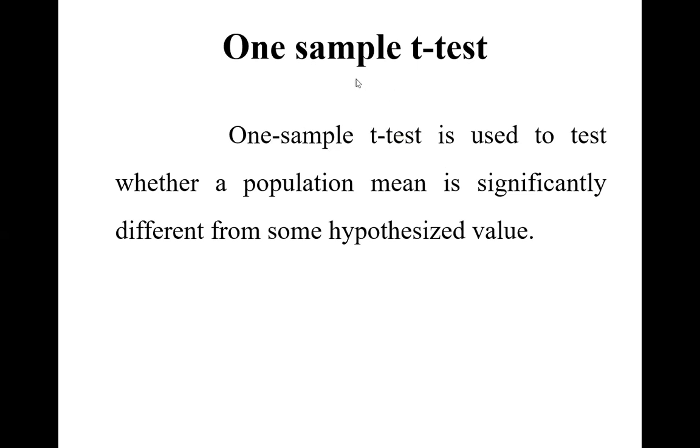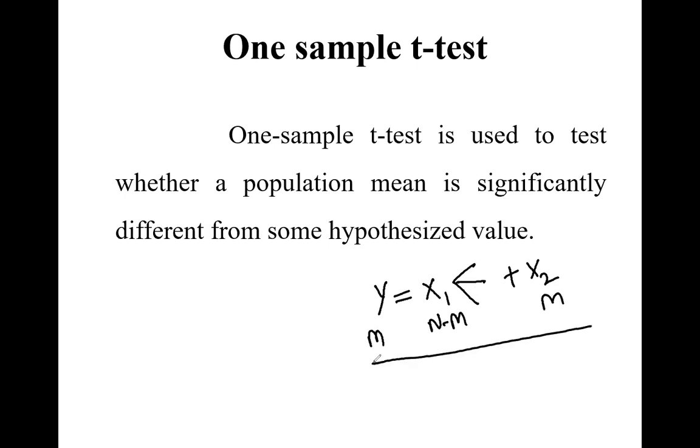ANCOVA is different from ANOVA, but here we are not focusing on ANCOVA. The condition of ANCOVA is that y, the outcome variable, is metric, and x1 is non-metric with 3 or more categories, and the other variable is metric.